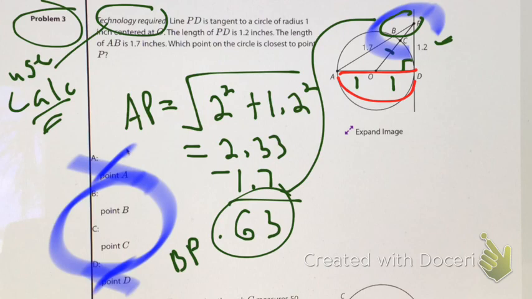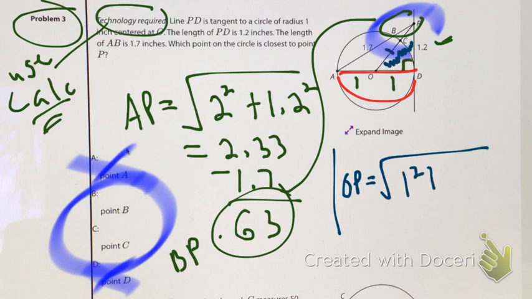And then I have to do the same exact thing to the other side. That's the square root of, and this is, by the way, side length OP. Now I've got this little triangle here. I'm just going to highlight it for a second. This smaller triangle right here, you can see me highlighting that. There we go. That means that is a side length of 1 squared and then 1.2 squared.